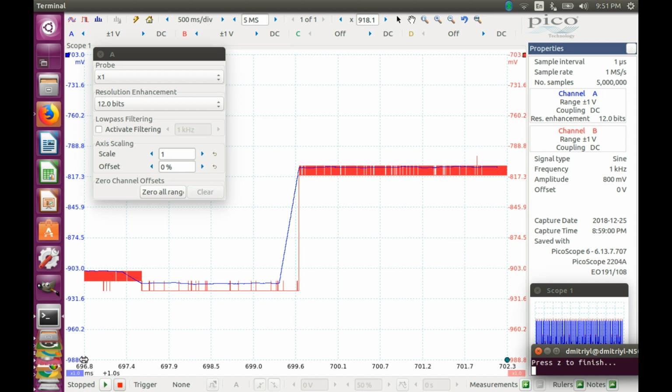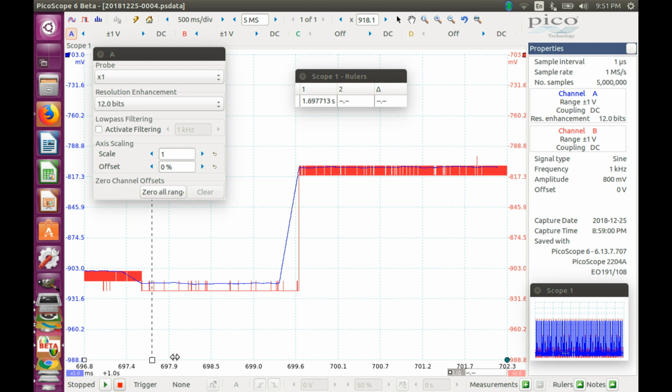How much earlier? Let's get the cursors in and see what they tell us. So it takes around 250 microseconds to go from the low point to the high point. Let's remember this value. We will explain it later on.